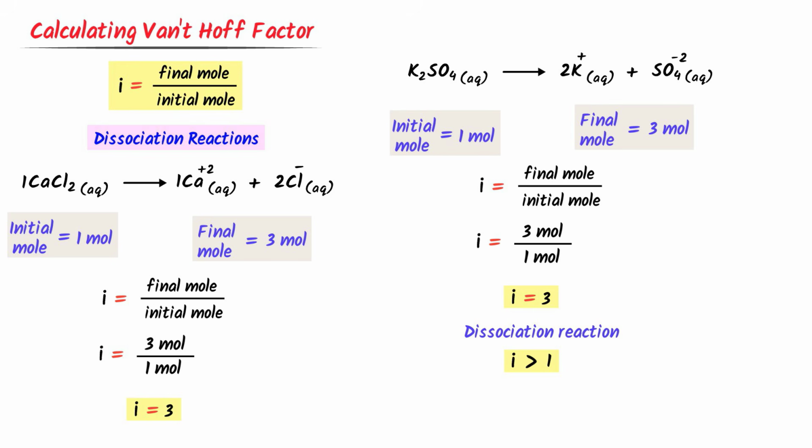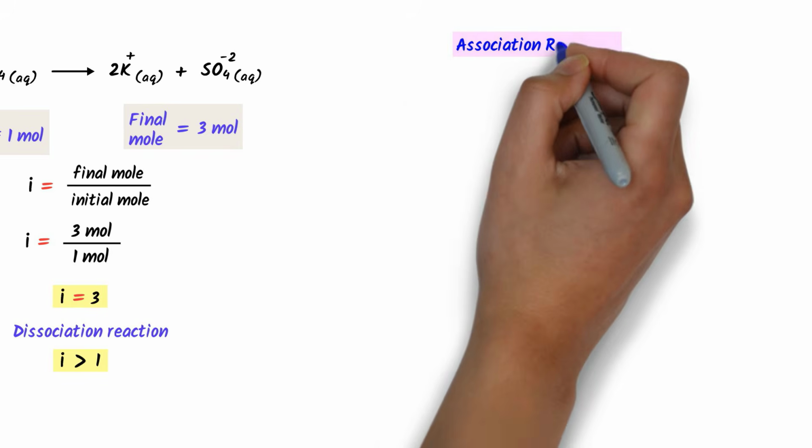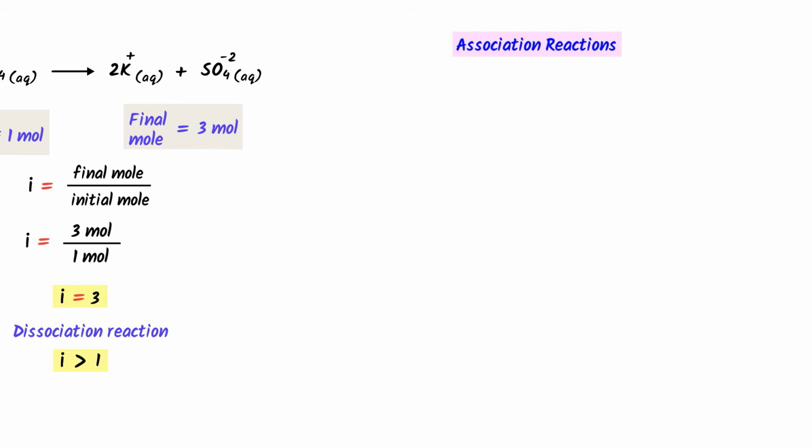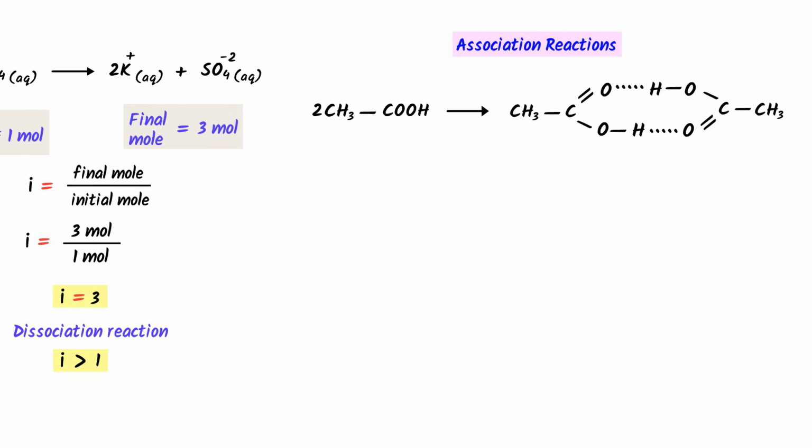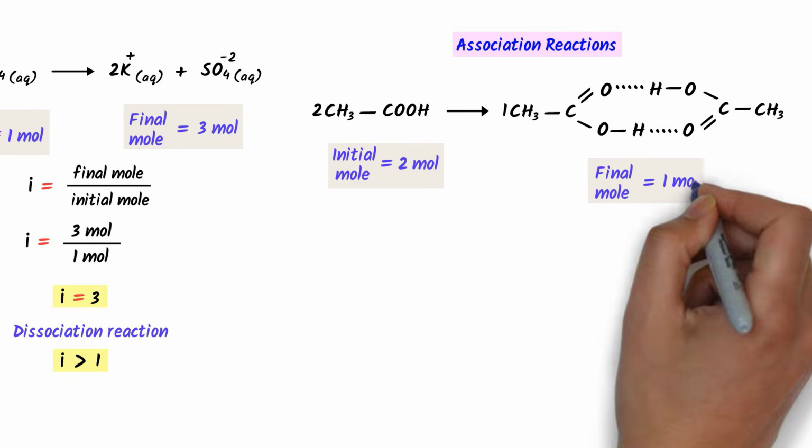Now we will learn calculating Van't Hoff factor of association reaction. Let's consider this important reaction and find its Van't Hoff factor. Well, we can see that initial moles of a solute before association is 2 moles, while final moles of a solute after association is 1 mole.